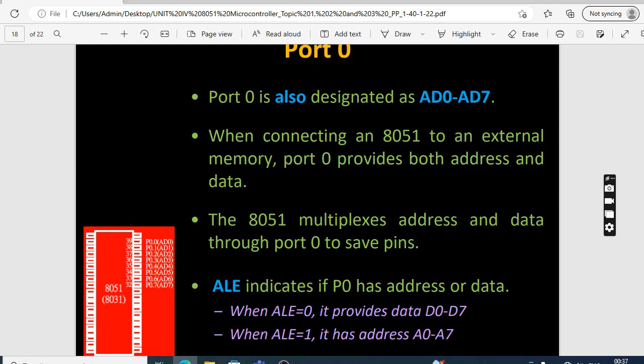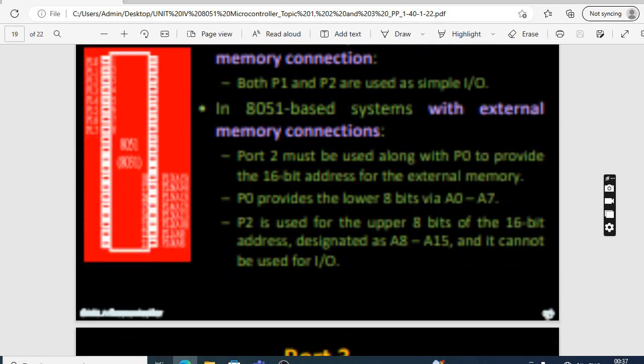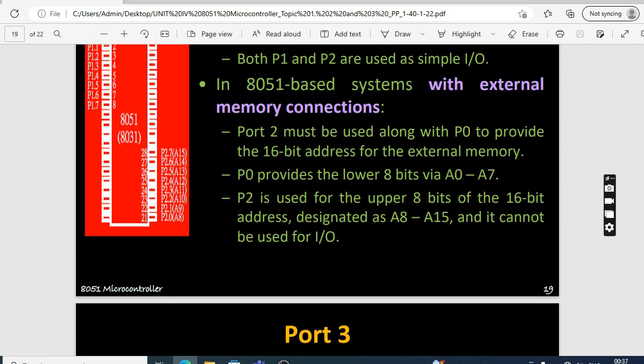Similarly, port P1 and P2 are meant for the higher order as well as the lower order address lines. Lower order address lines are A0 to A7, and higher order are A8 to A15. This differentiation applies to the 8051, where data is 8-bit and address is 16-bit.